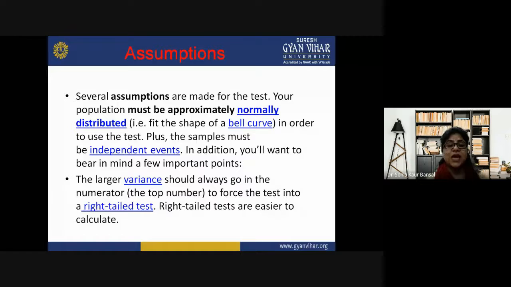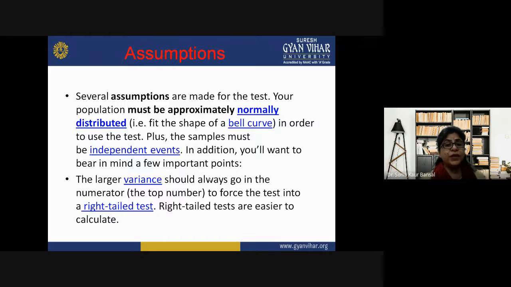So it is actually expected that your population has that. Okay, so the larger variance should always go to the numerator, the top number, to force the test into a right tail test. Right tail tests are easier to calculate.